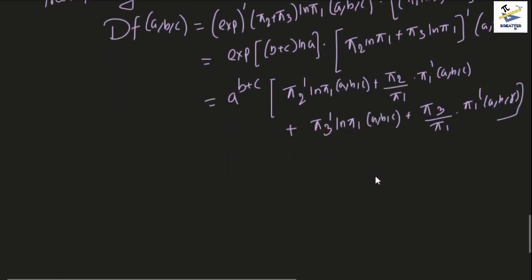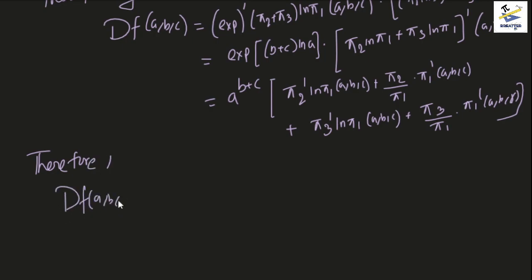And evaluating this, therefore we can write it in a new line: df of a comma b comma c is equal to a to the power b plus c.